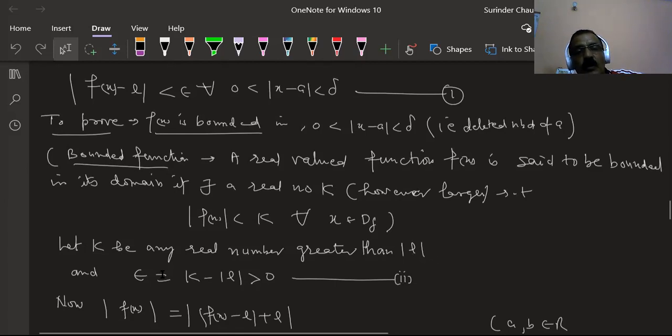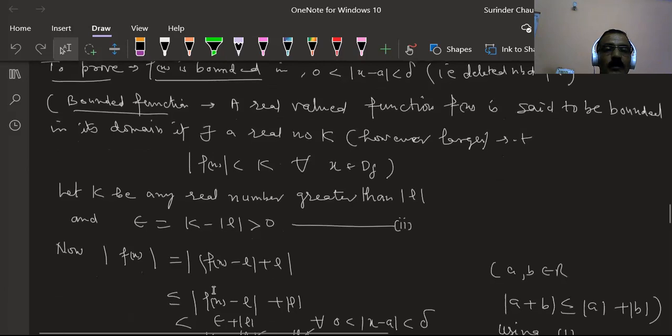We'll come to know later on. And epsilon is equal to k minus modulus of L. We take the value of k greater than modulus of L so that epsilon will remain positive.